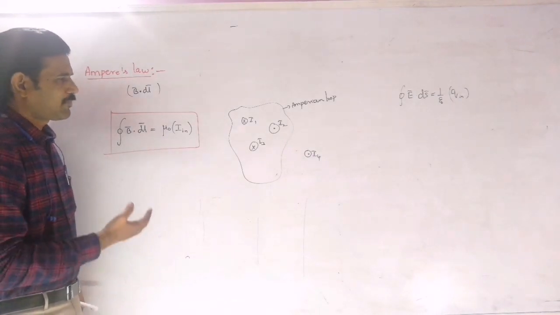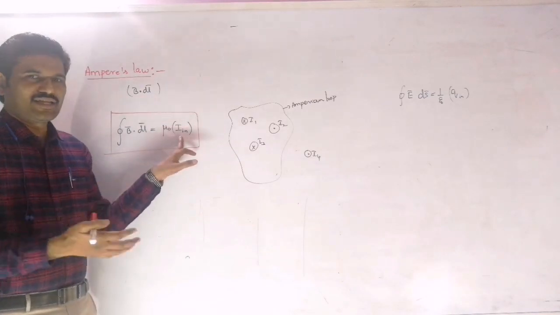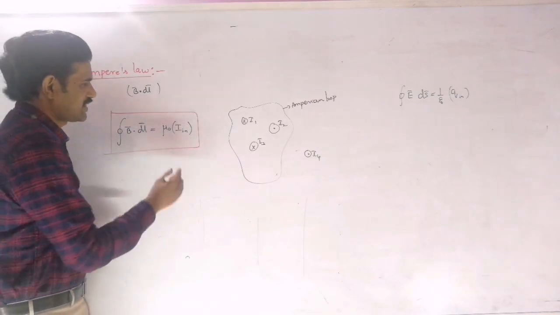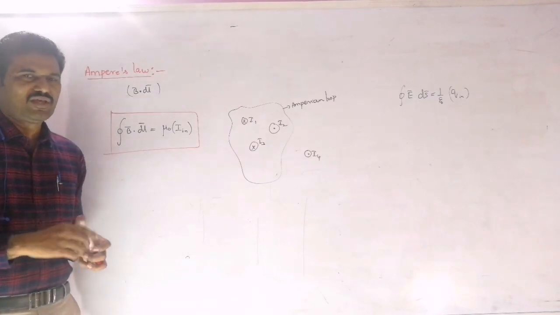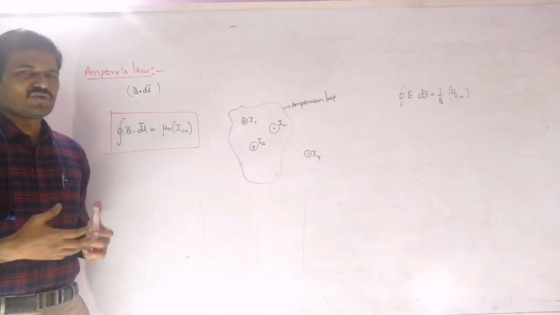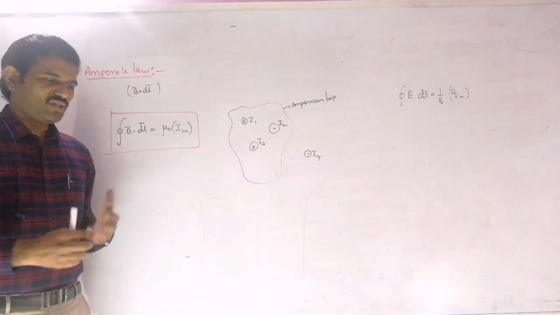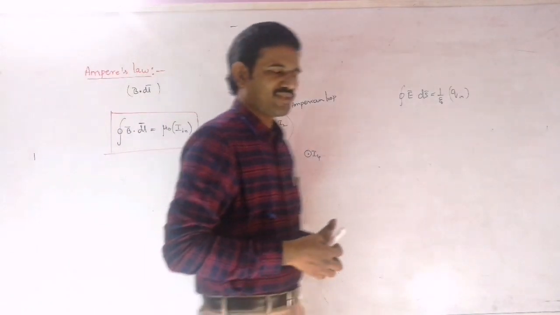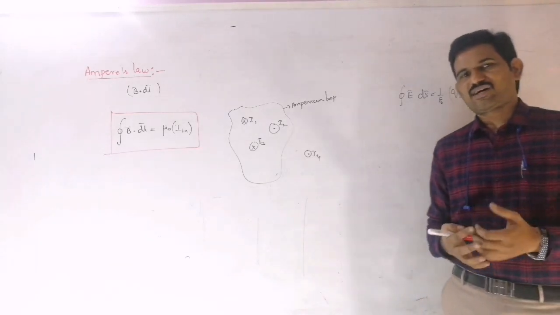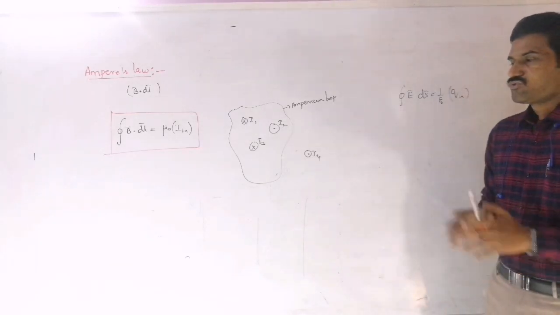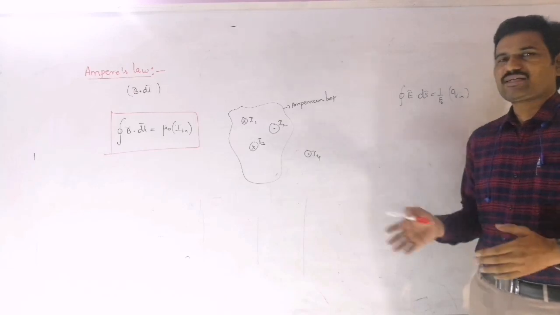And now while applying it, I said that the net current enclosed, or I net, is the current enclosed within this Amperean loop. Net current means, like in Gauss law, when positive and negative charges are there, we consider the net charge, the algebraic sum of all the charges present inside. So similarly here also we need to calculate like this.